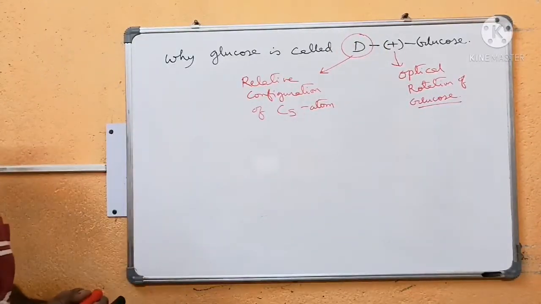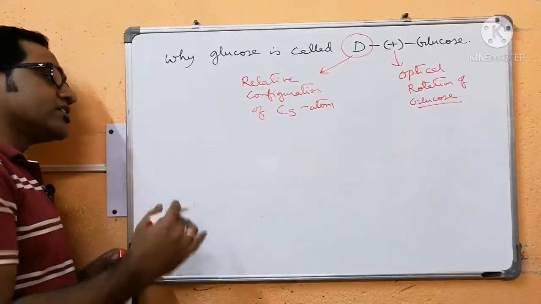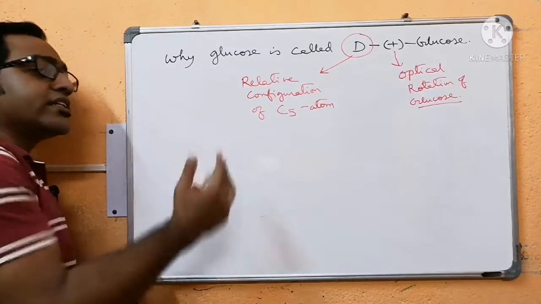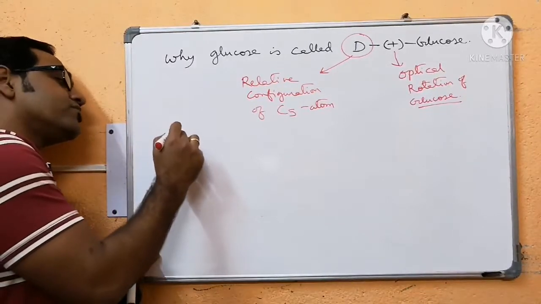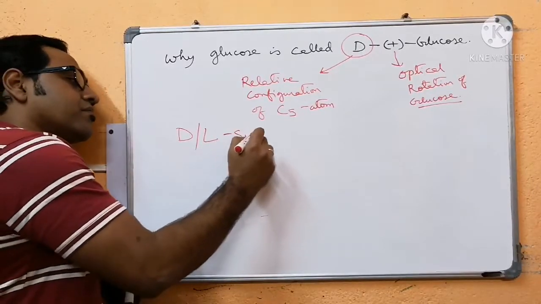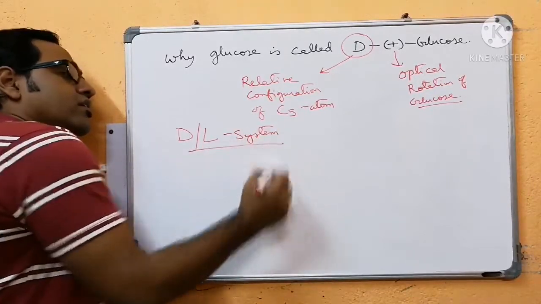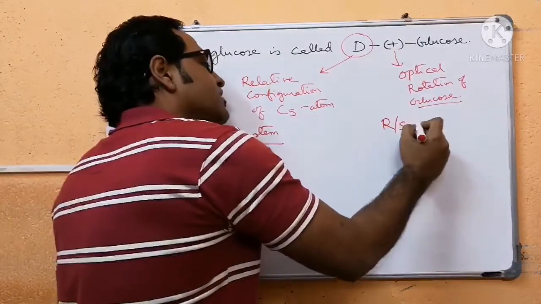Now how does this term capital D arise? There is a configuration called relative configuration and absolute configuration. In the relative configuration, we use the D and L system, and in absolute configuration we use the R and S system.